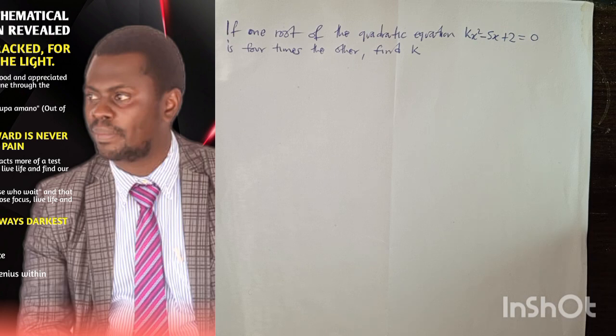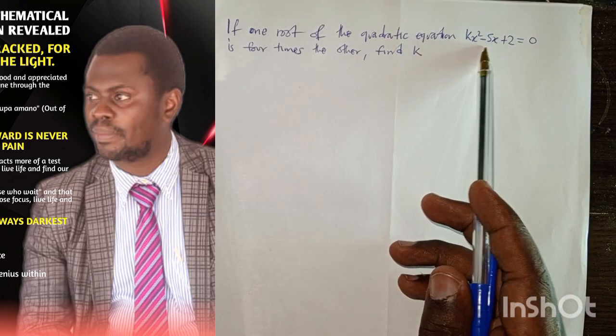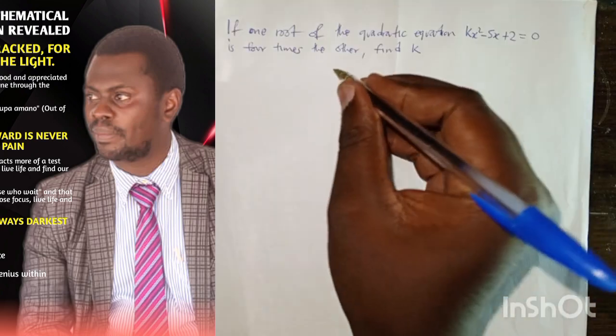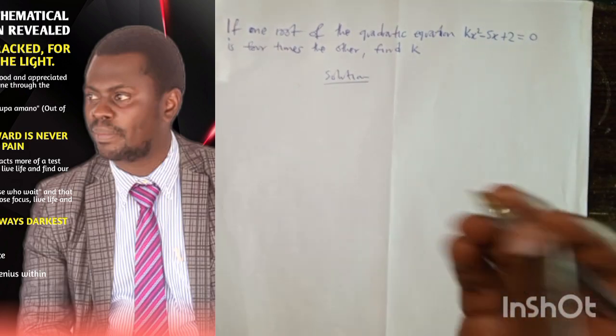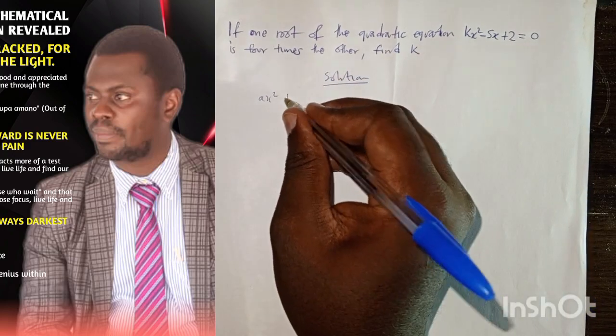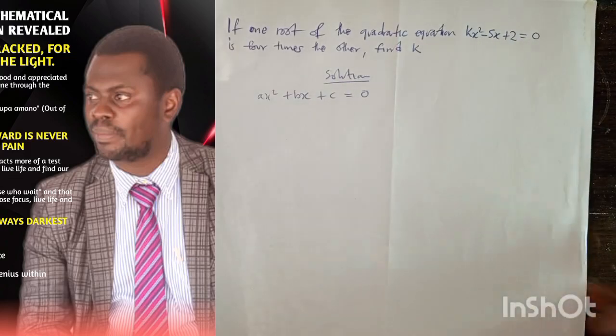For this question, we are asked to find the value of k, and according to quadratic form, k is just a, because the solution quadratic form is in the form of ax squared plus bx plus c is equal to 0.